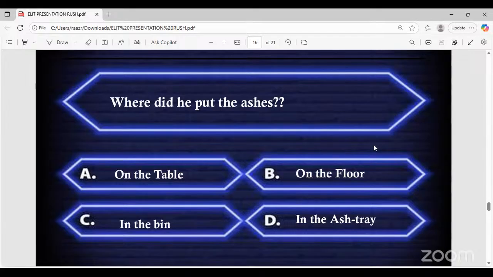Okay, the next question is where did he put the ashes? A on the table, B on the floor, C in the bin, and D in the ashtray.